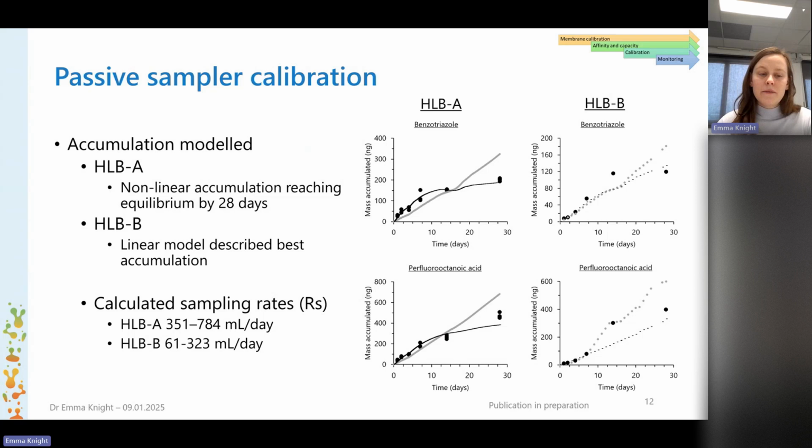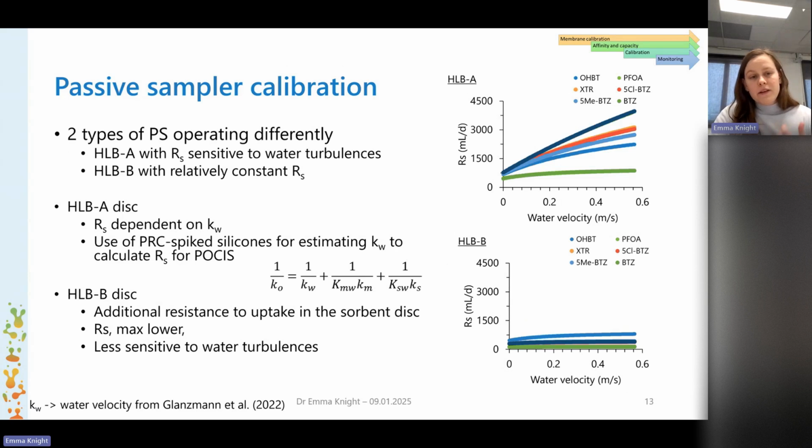And this is reflected in the calculated sampling rates, or the RS, where HLB-A had much higher sampling rates than HLB-B. And this is primarily because HLB-A is 90% sorbent and 10% binder, and then it has the stainless steel membrane, whereas HLB-B has the loose sorbent with the glass fiber membrane and then another membrane, which adds another layer of resistance, meaning that the influence of the water boundary layer is less.